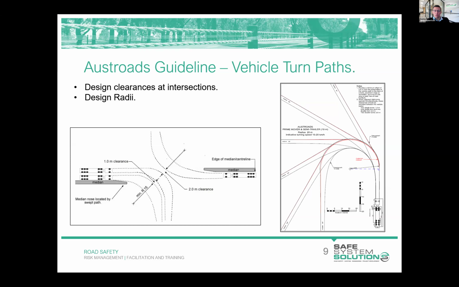So the rear axles of a long vehicle will cut in and take a shorter path than the steering axles. So a lot of the time that lower speed, lower radius turn is the critical one in terms of space. If that makes sense.